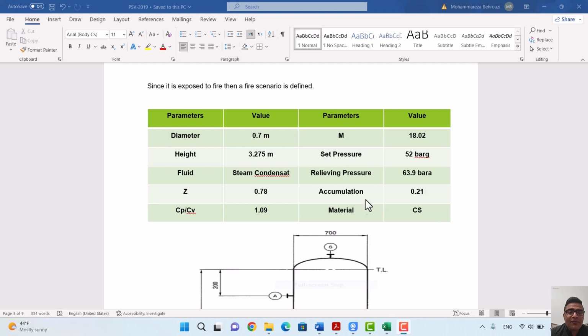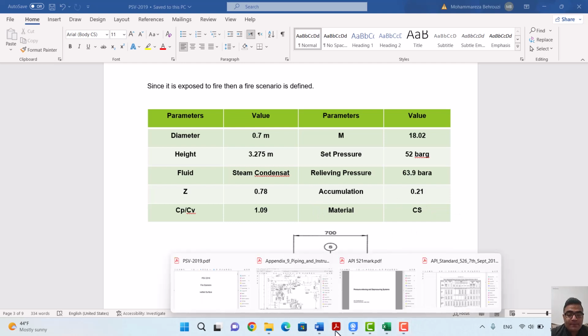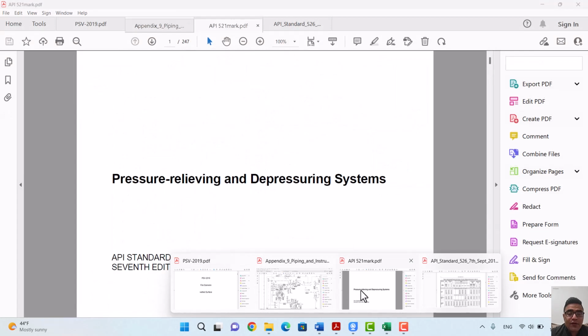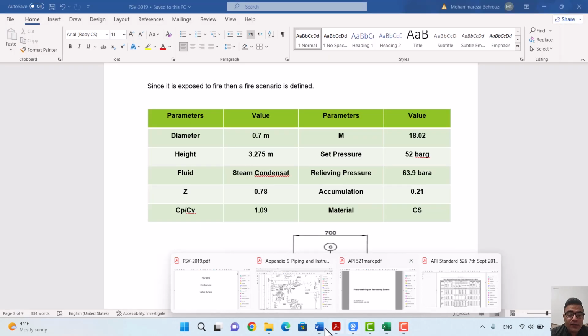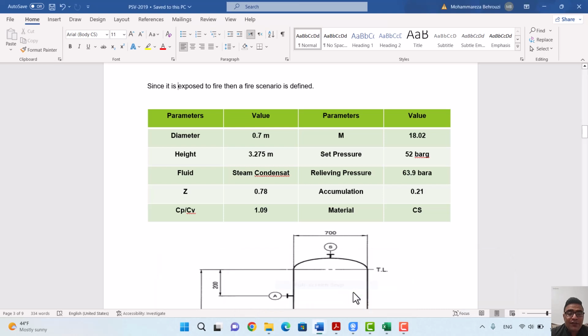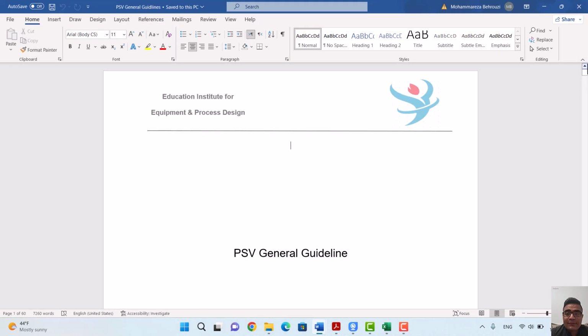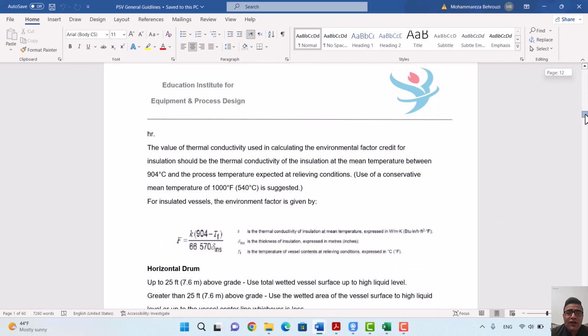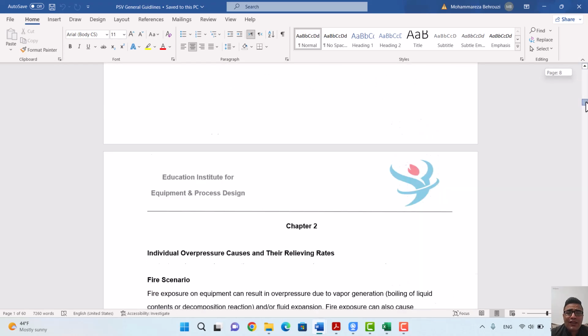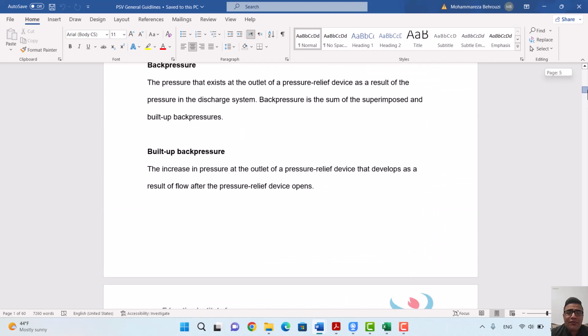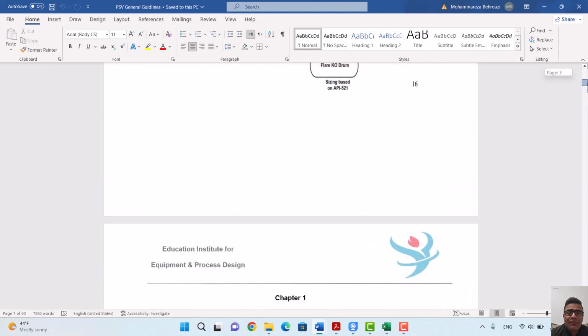But about the selection of why the accumulation is 21%: in my first episode about the general guidelines toward the design of PSV, I mentioned that there is a table in API.